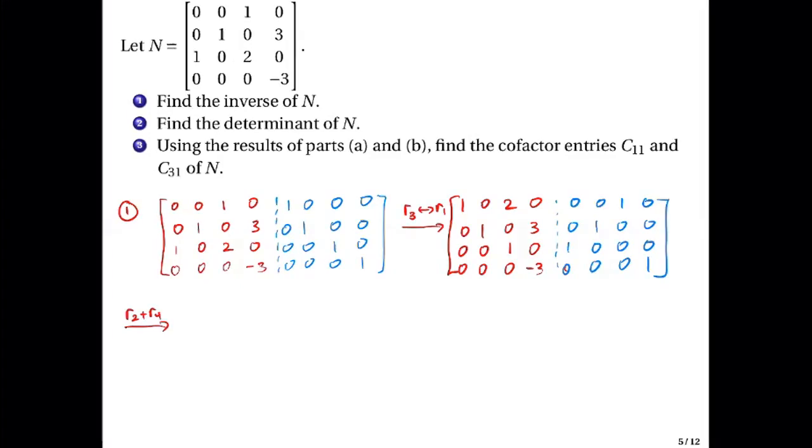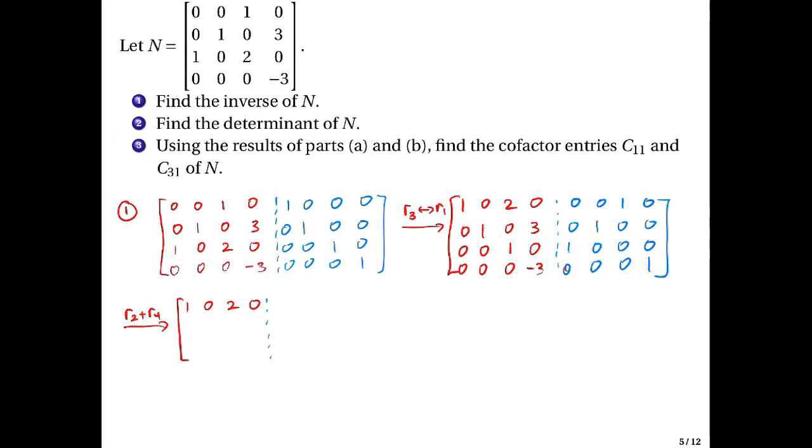So row 2 plus row 4, I'll have here 1, 0, 2, 0. And then on the other side here, I have 0, 0, 1, 0. Then row 2 plus row 4: 0 plus 0 is still 0, 1 plus 0 is still 1, 0 plus 0 is 0, 3 plus negative 3 is 0.